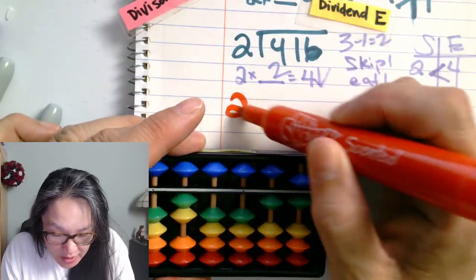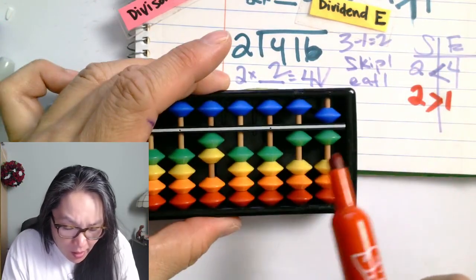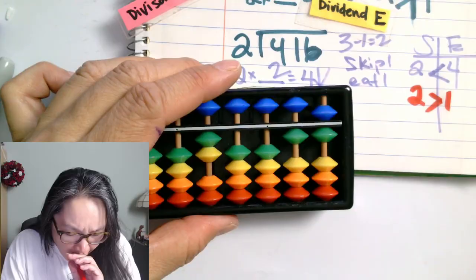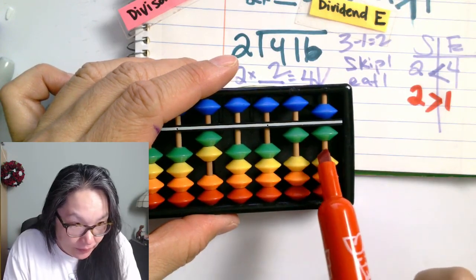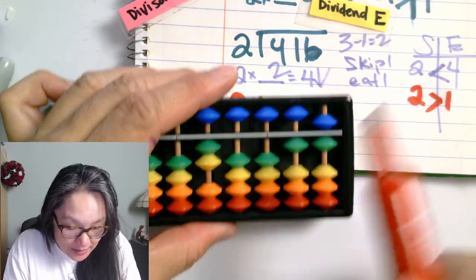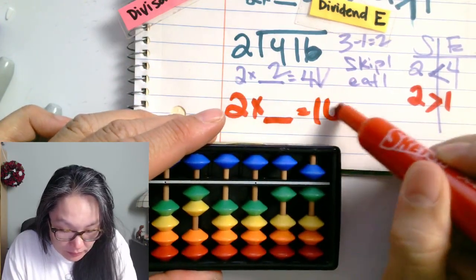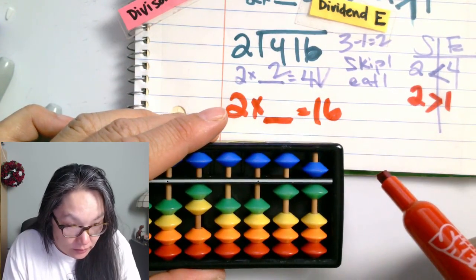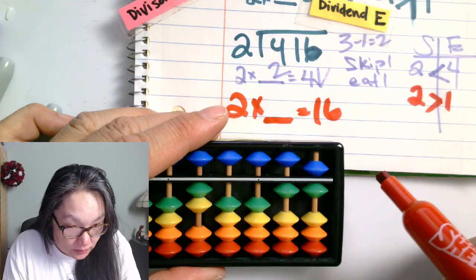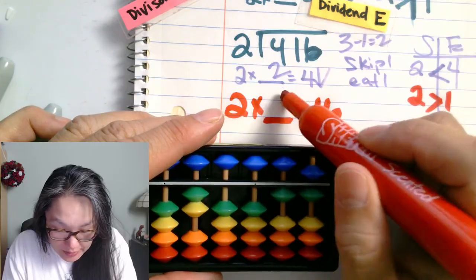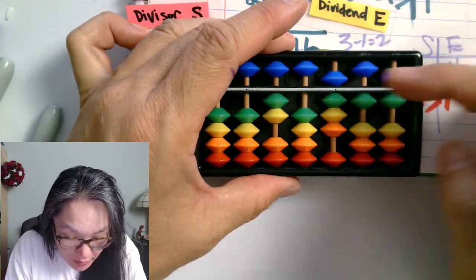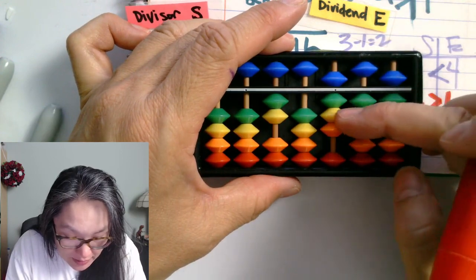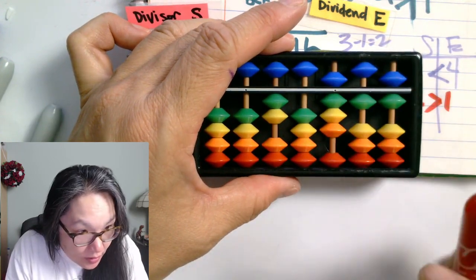So the question is 2 times what is equal to 16 or less? 8. Yes, 8. So I'm going to add my 8 here. 5, 6, 7, 8. Thank you.